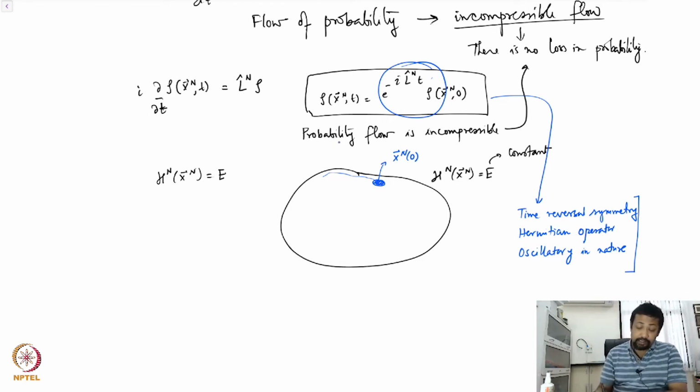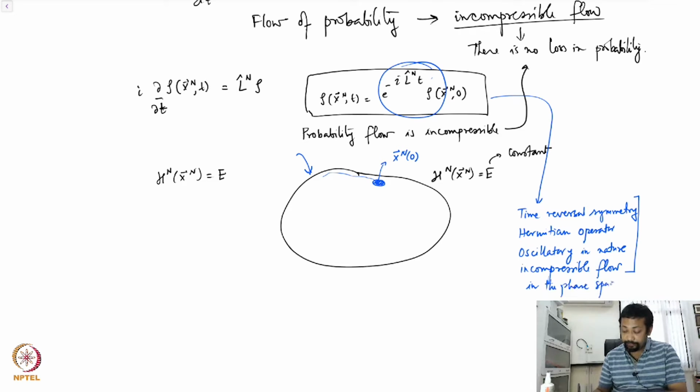So as time evolves, in this picture that we have tried to establish, this is an incompressible flow in the phase space, and therefore if you start off with a small patch of initial conditions, it's going to evolve as time progresses.